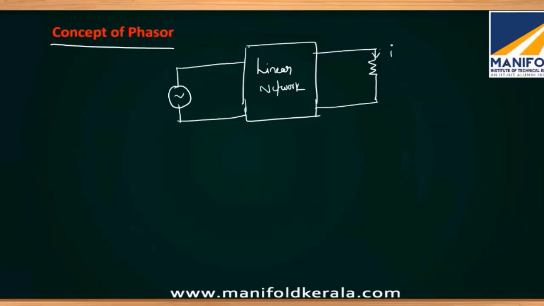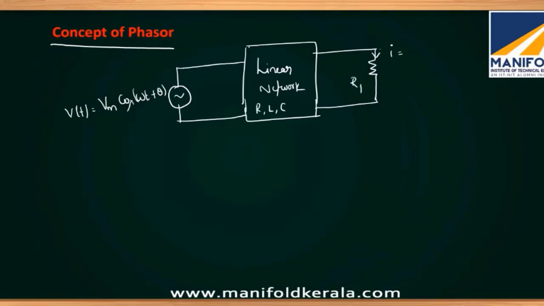Here I'm applying a voltage, say v(t) equals Vm cos(omega t plus theta). This linear network contains many linear elements like resistors, inductors, and capacitors in different combinations. I don't know what that is, but I'm only interested in the response across this resistor, say R1.